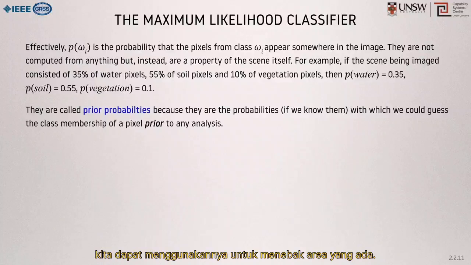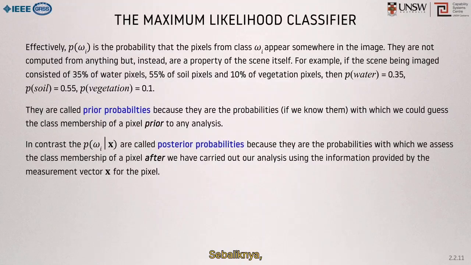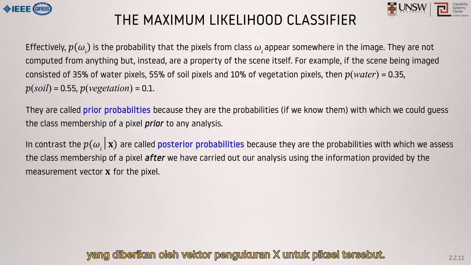In contrast, the P of omega sub i given x are called posterior probabilities because they are the probabilities with which we assess the class membership of a pixel after we have carried out our analysis using the information provided by the measurement vector x for the pixel.